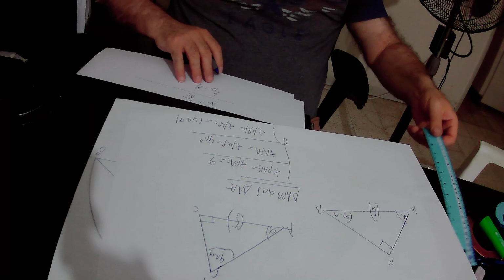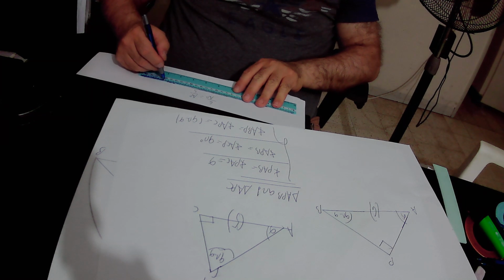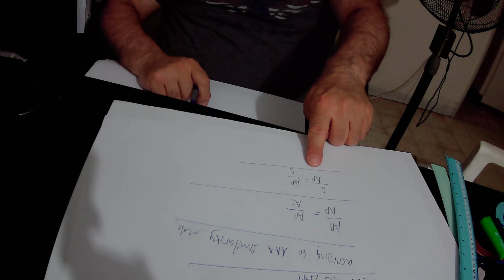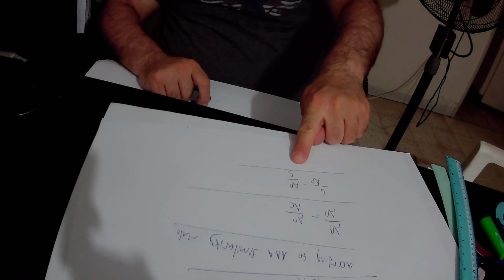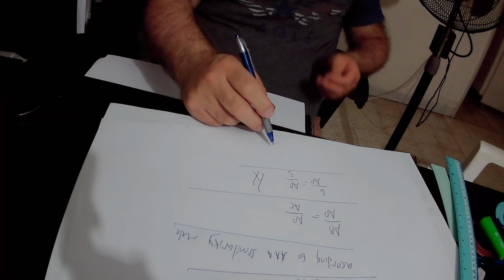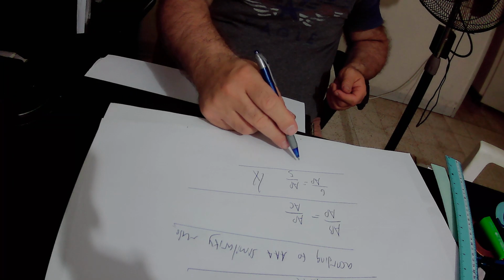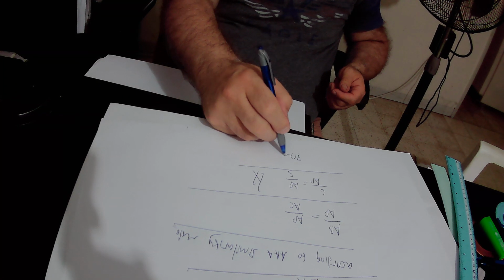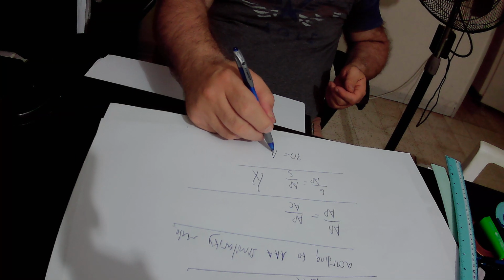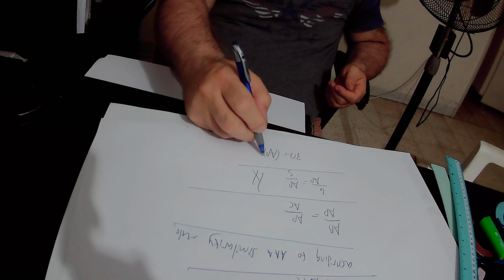So we found that 6 over AP equals AP over 5. Here we cross multiply this equation and we get that 5 times 6 is 30. So 30 equals AP times AP, that is AP squared. So 30 equals AP squared.